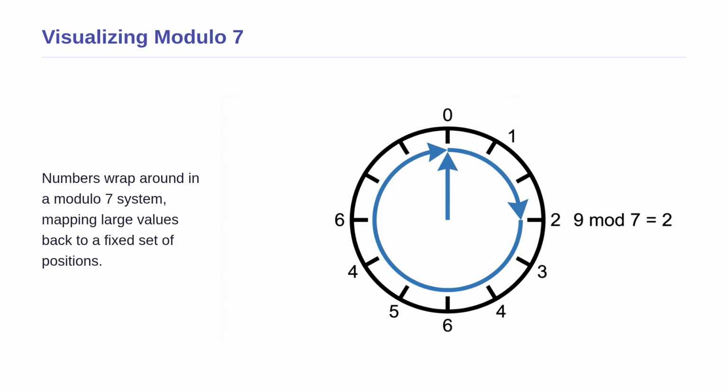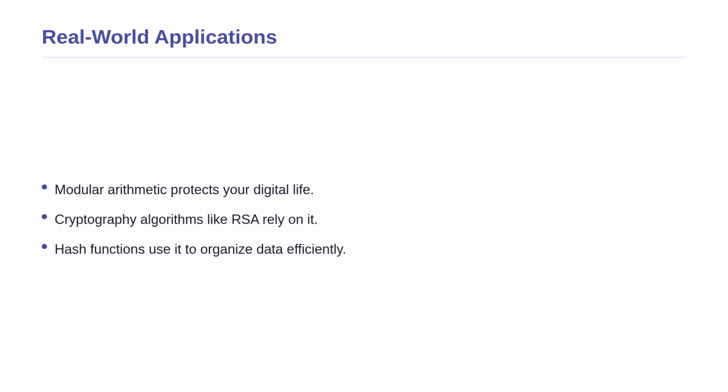You might be wondering why mathematicians care so much about remainders and wrapping numbers around in circles. The truth is, modular arithmetic is the invisible shield protecting your entire digital life. Every time you log into your bank account or send a secure message, your computer uses cryptography algorithms like RSA, which rely entirely on modular arithmetic with massive prime numbers.